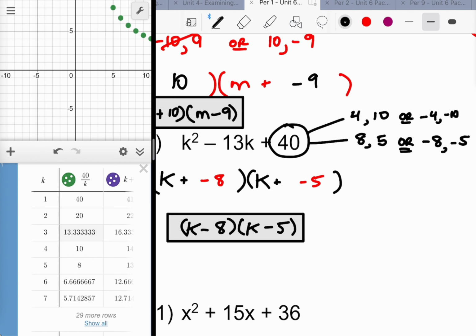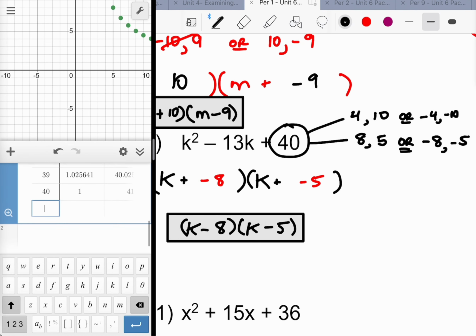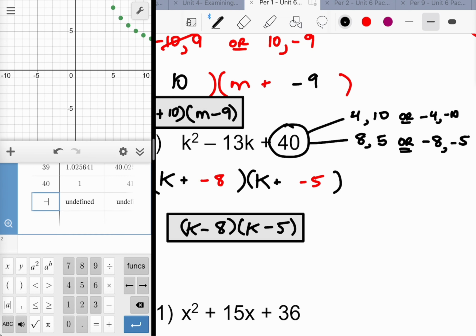So I'd look down my third column and look for that negative 13. The problem is I only have positive numbers here. So then what I would do is throw in some negatives. I go down to the end of my table here and start going in the negative direction: negative 1, negative 2, negative 3, and so on.